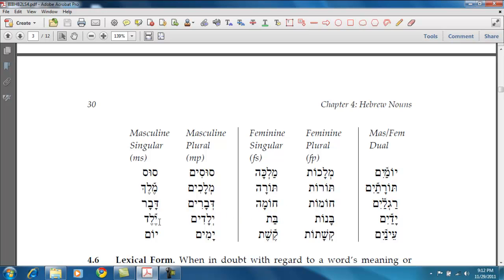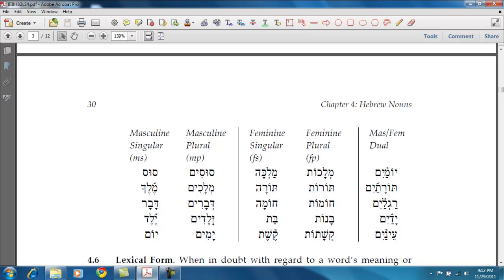And then we have another segment now, yeled, which is child, and then it goes into plural. It's yeladim, masculine plural. If it was feminine, it'd be different. It'd be yalda and then yaldot, if it was feminine plural.